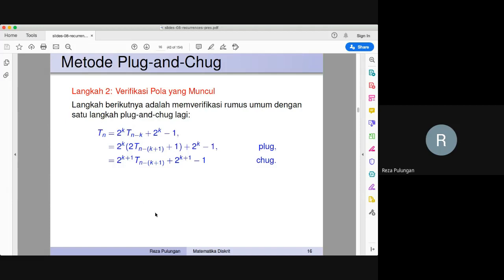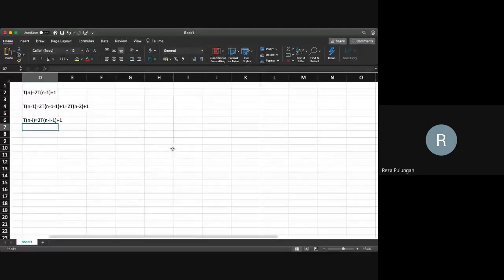Let me return again to help you about this. We already see Tn minus 1. Like the previous one is Tn minus k. What does it mean? This is equal to 2 Tn minus k minus 1 plus 1.